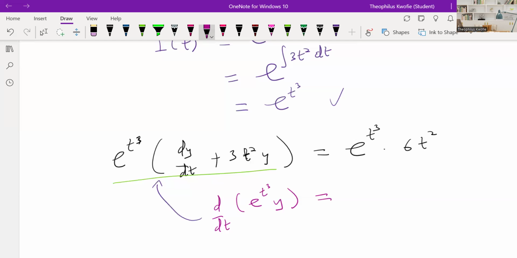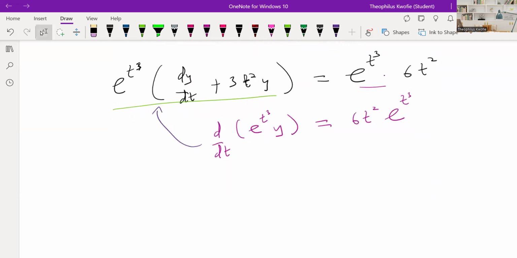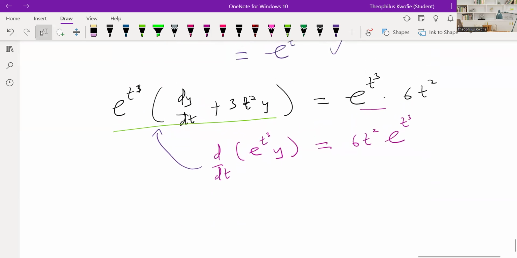So let's get going. Now let's simplify this. When you simplify this, we get the same thing, but in its simpler form. Now this is the result that we have.